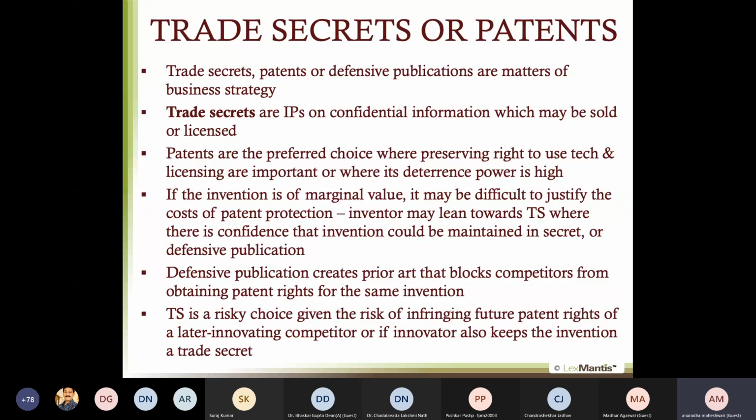But having said that, we then come to the issue: where are the problems with granting a patent? No government is going to grant you a patent just like that. Every government wants to be sure, before every patent that they grant, that there was an invention that truly deserved getting that patent. You see what the problem is.